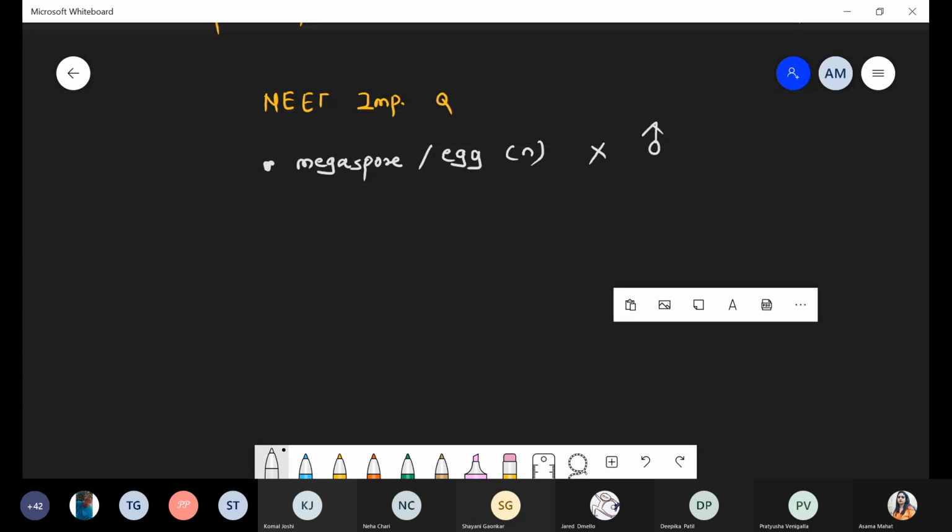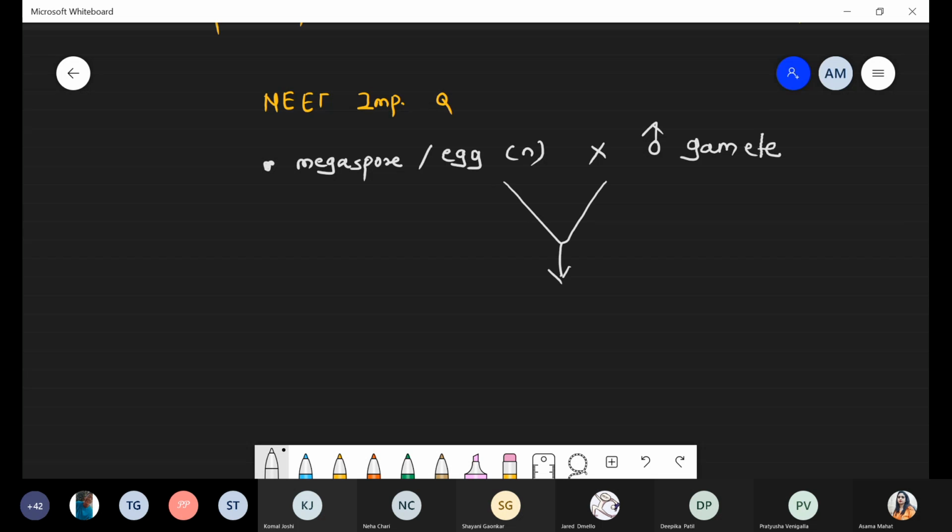Okay. So now we are talking about the megaspore, which is the egg. This egg now fuses with the male gamete. After the fusion process, we are talking about fertilization, and through this fertilization there is a formation of the zygote.